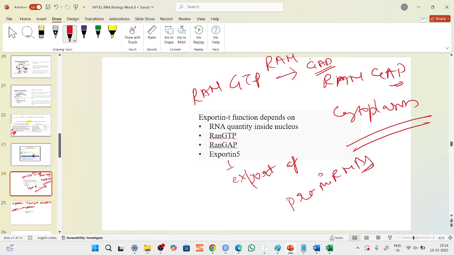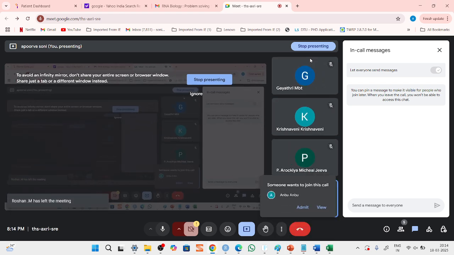So this cannot be the answer. Then RNA quantity inside the nucleus, because it does not regulate the exportin activity directly. The more specific answer is RAN GTP. So this is why the correct answer is RAN GTP.